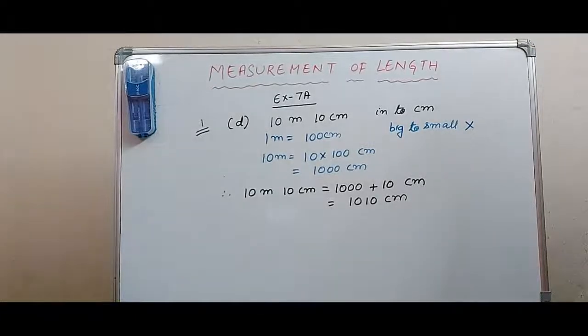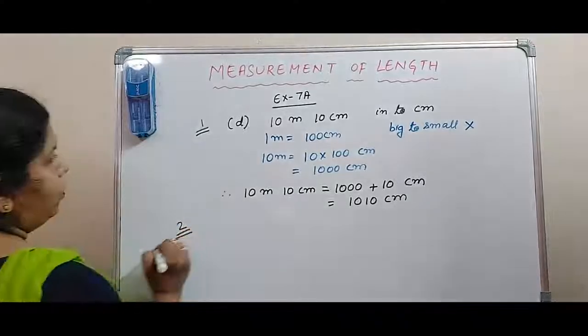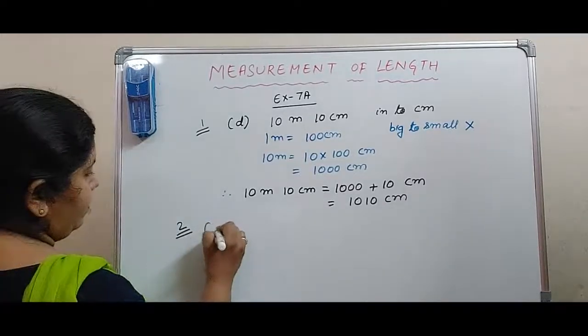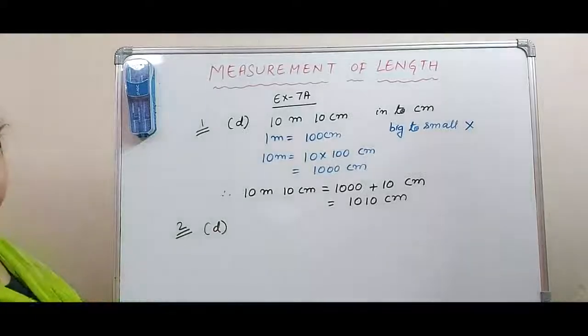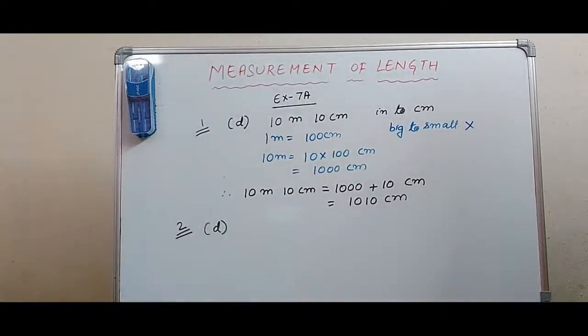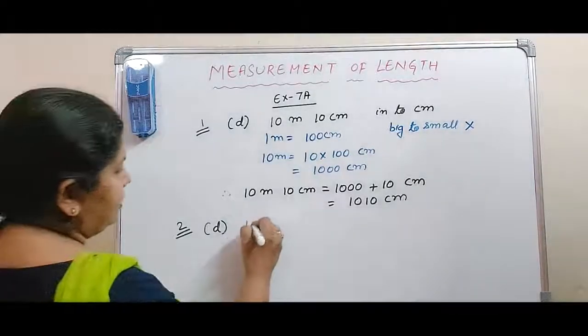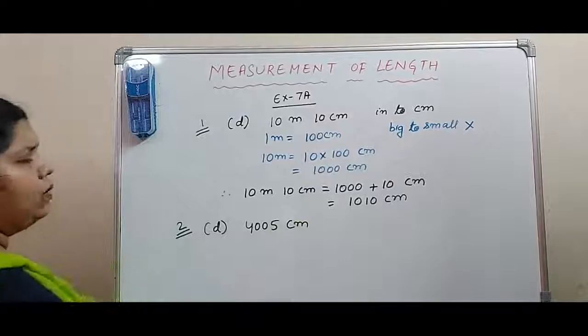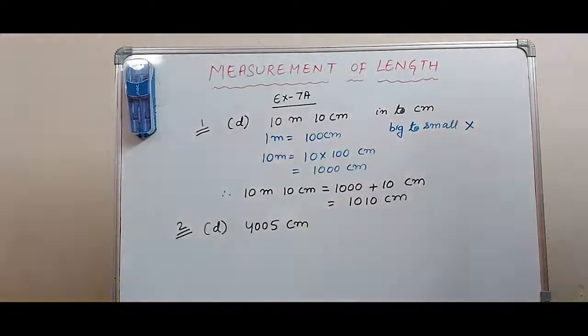Okay, let us move to question number 2. I am doing again bit D. The question is, we have to convert 4005 centimeter into meter and centimeter.